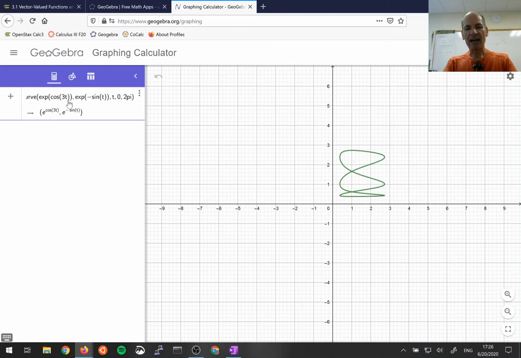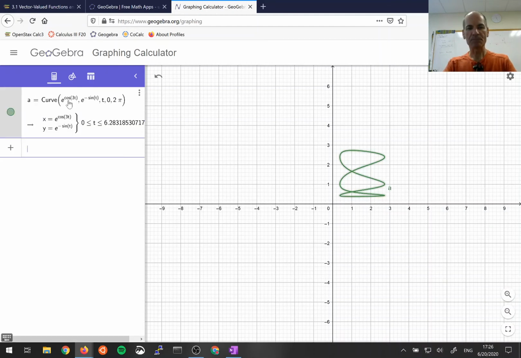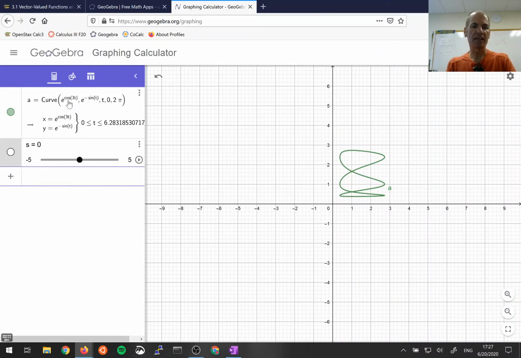If you want to see how this is actually behaving, you can add a point that's controlled by a slider. So let me specify just a particular value. You can always just create a variable and give it a value, say s equals 0, and hit enter, and that will create a slider in GeoGebra, and you can change the value of s.